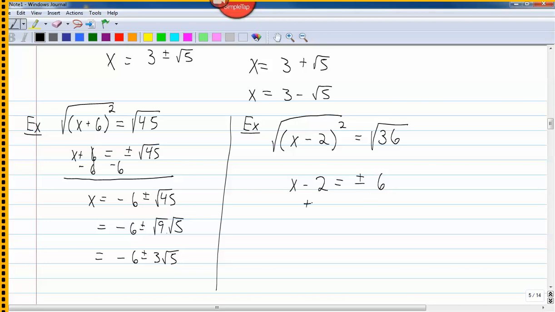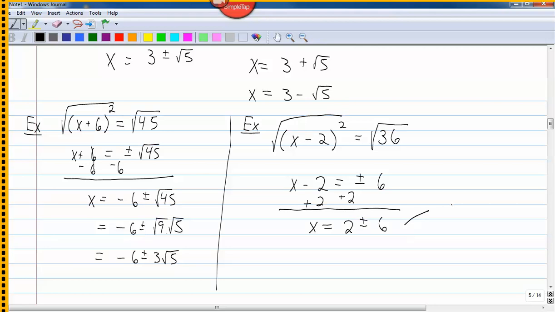Alright, now add 2 to both sides to solve for x. Now make sure you don't put the 2 under the 6. You still have to put it in front of the plus or minus sign. So that's going to be 2 plus or minus 6. And we don't want to leave our answer like this because we have numbers we can work with.